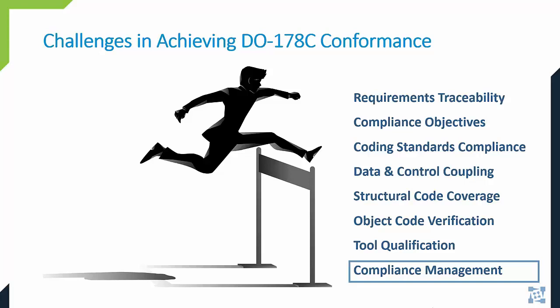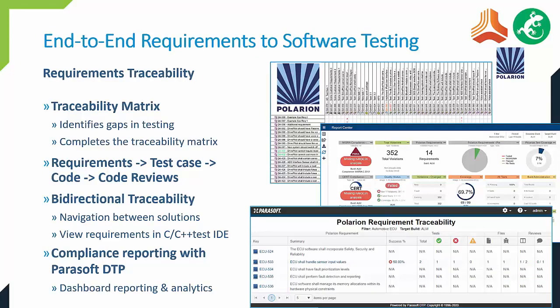So let's go quickly through some solutions available from Parasoft in helping you with your challenges and goals in achieving compliance and certification. Requirements traceability is crucial in DO-178. Parasoft has built bidirectional integrations with some of the leading ALM tools like Jama, Polarion, and Codebeamer.